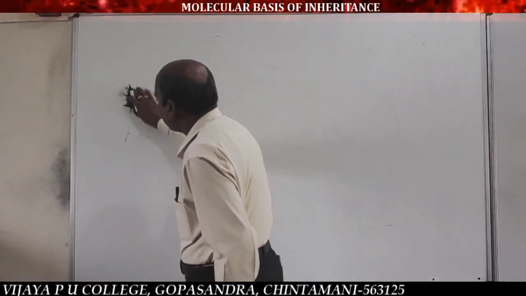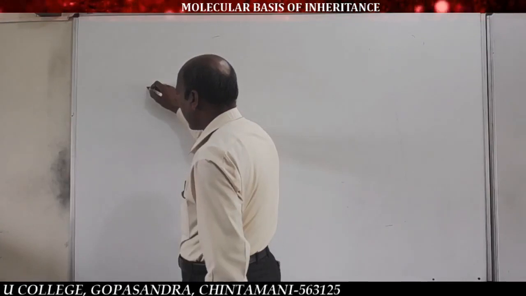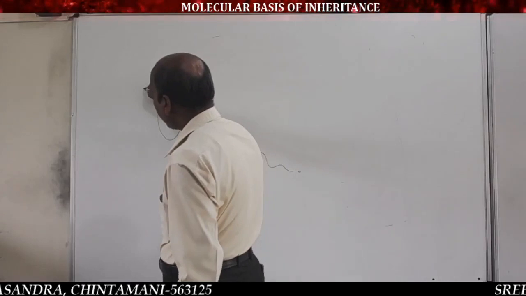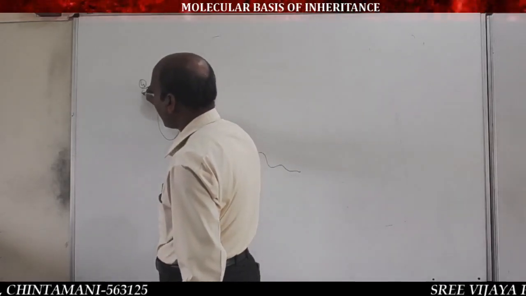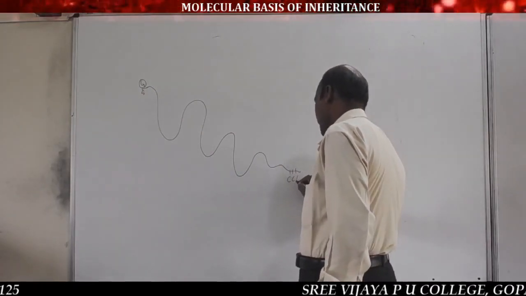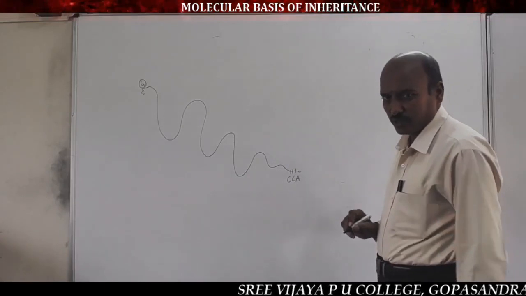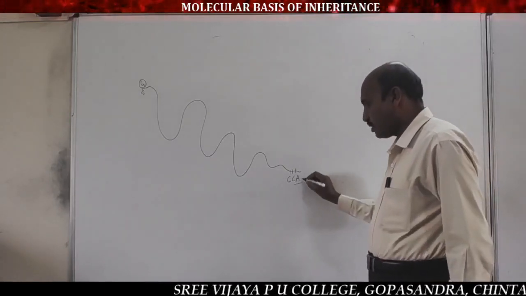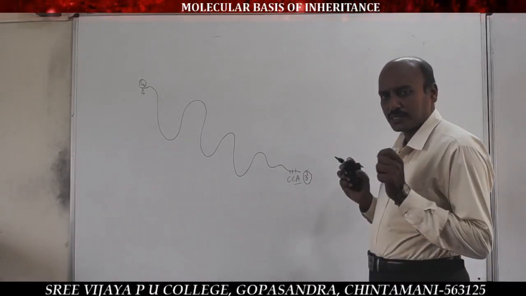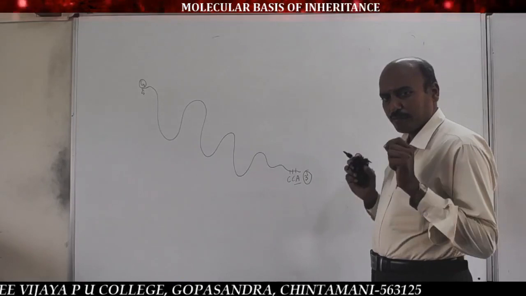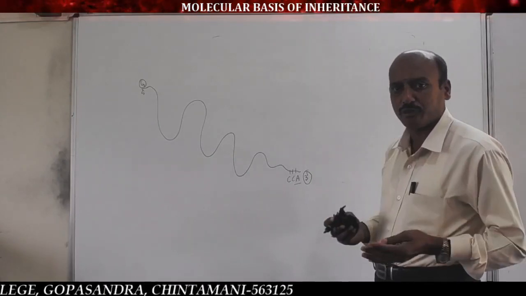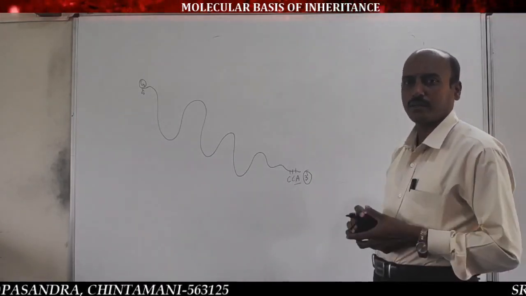We remember that structurally tRNA is made up of a single polynucleotide chain, because the entire tRNA itself is a single-stranded nucleic acid.